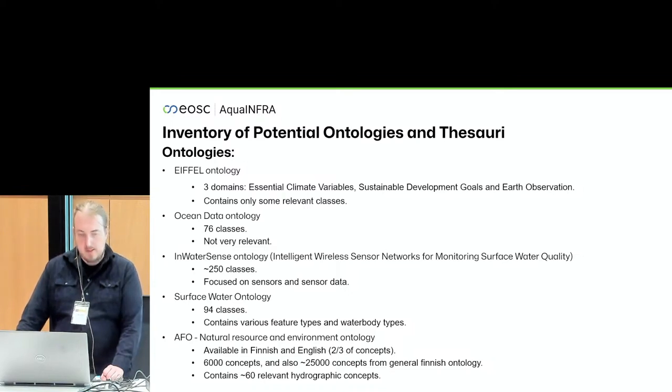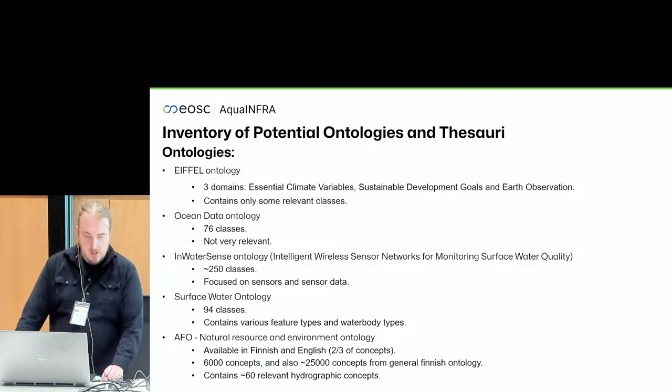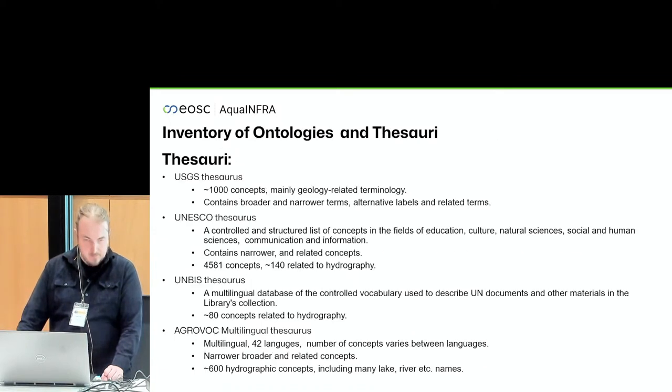Then we investigated the surface water ontology, which contained various feature types and water body types. Next we investigated the natural resources and environment ontology, which is available in Finnish and English. It actually contains quite a lot of concepts, something like 60 concepts that are relevant to hydrography.